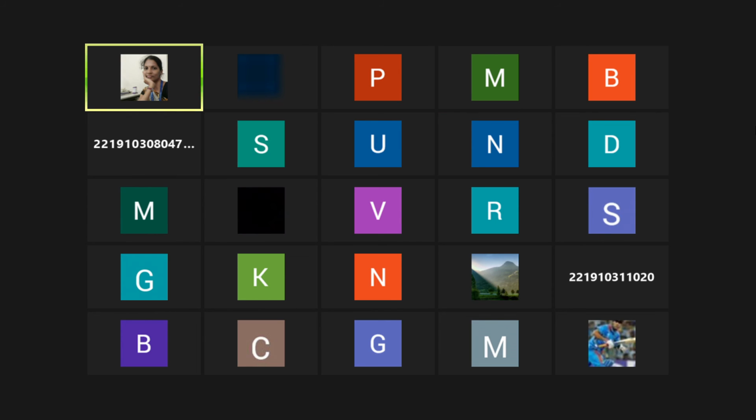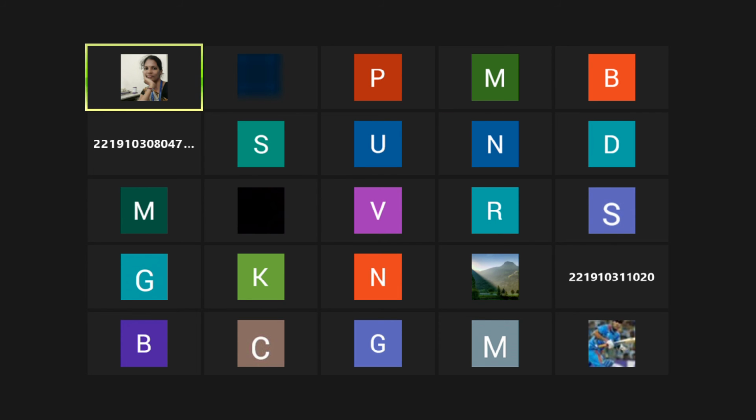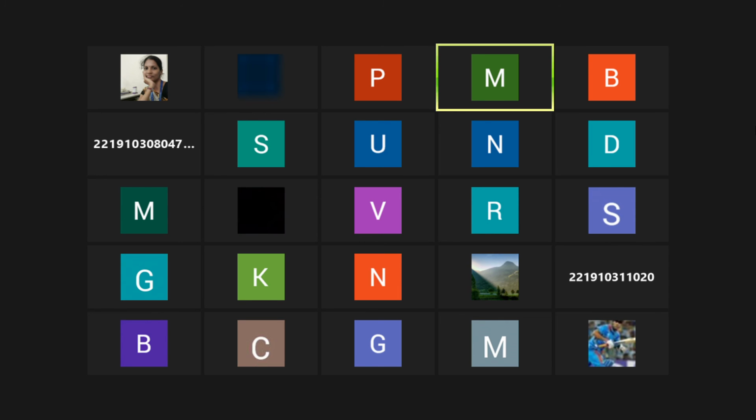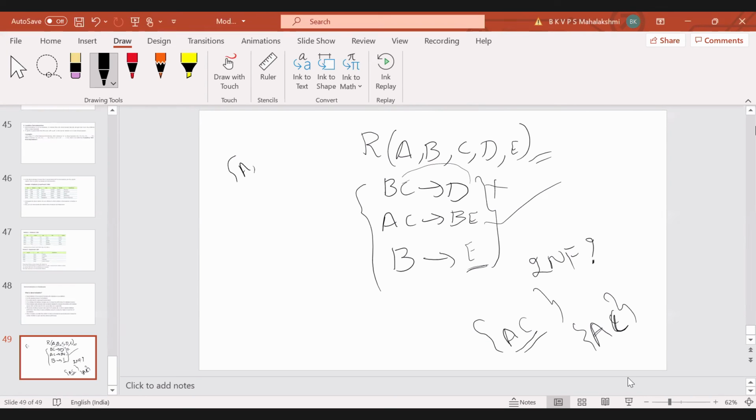A, C. And the remaining attributes in the relation, that means B, D, E, are the non-prime attributes, right? Yes, ma'am. See, AC are prime attributes and B, D, E are the non-prime attributes.